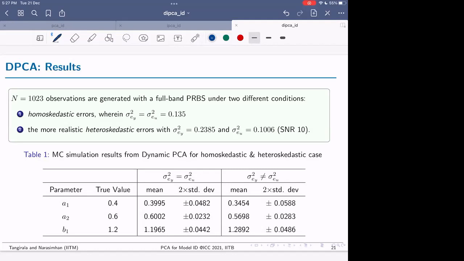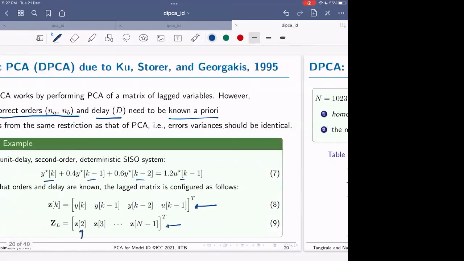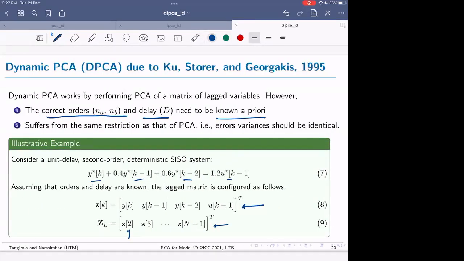Okay, so we also looked at 2 scenarios. We simulated the system under homoscedastic errors and heteroscedastic errors. The values of the noise variances are given. And we did Monte Carlo simulations to determine the averages of the estimates that we obtain from DPCA. So what is the idea?